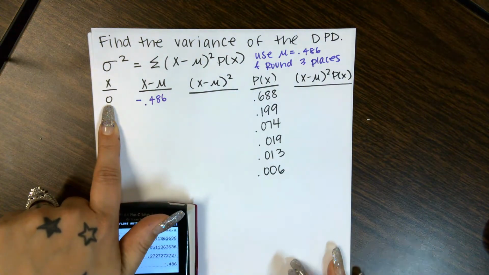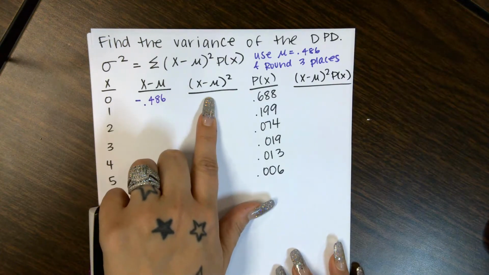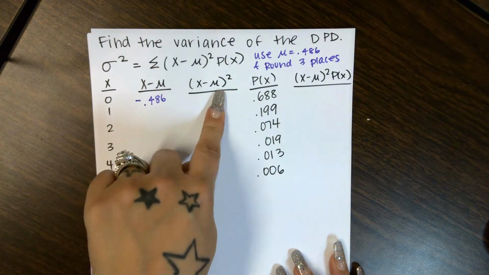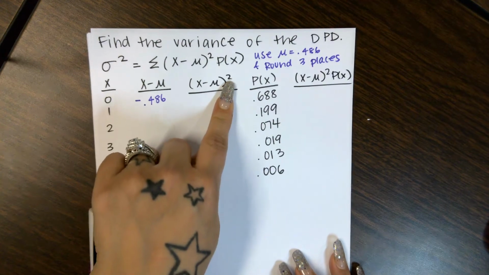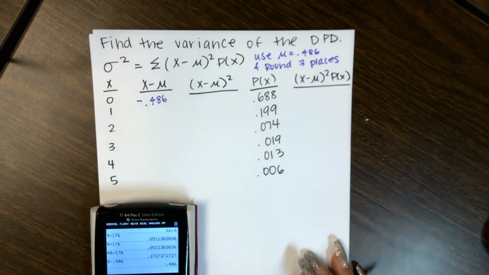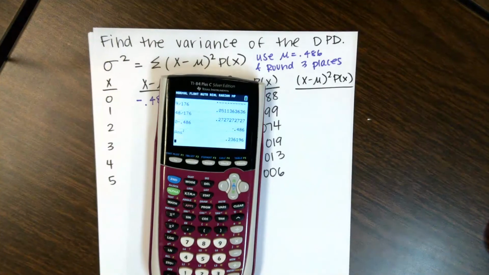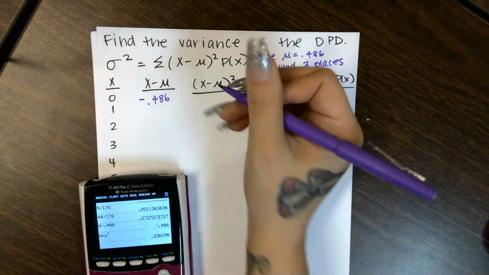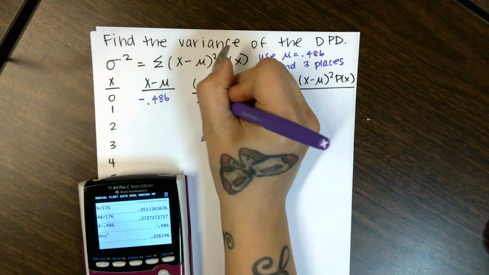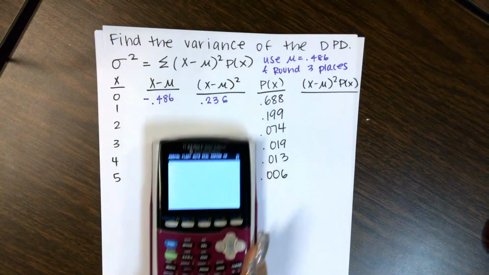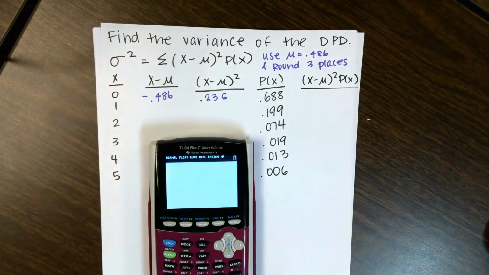What does it say right here? It says the x minus the mean, and then do what to it? So while you still have this in your calculator, hit the square button, and hit enter. Round it to 3 decimal places. 0.236.